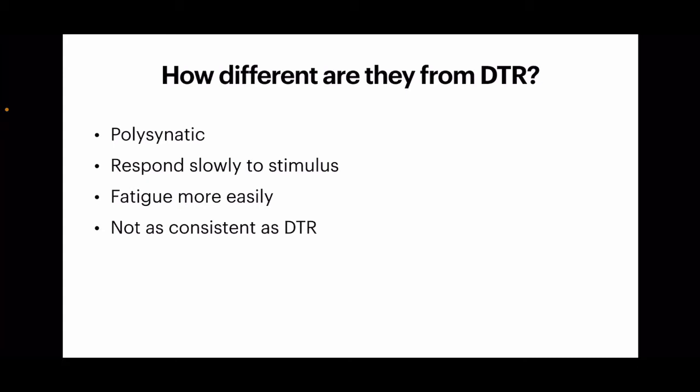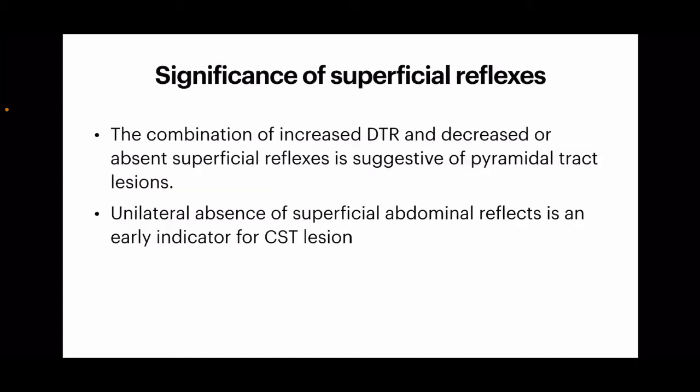Each time you try to recreate the stimulus again and again, it fatigues more, so it is not easily reproducible. And lastly, it is not as consistent as deep tendon reflexes. So all these are the differences between superficial reflex and deep reflex.